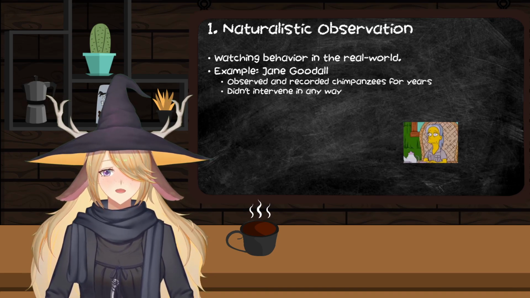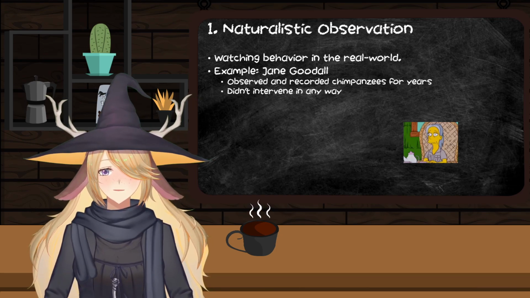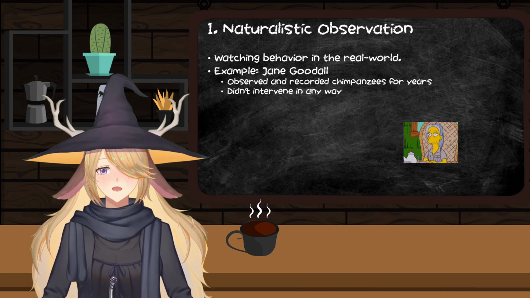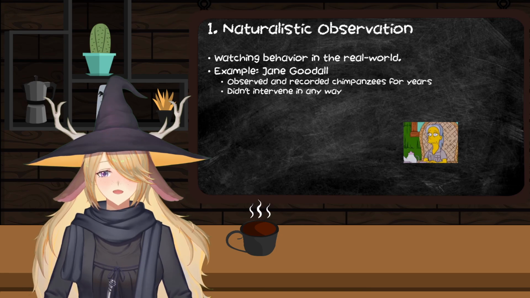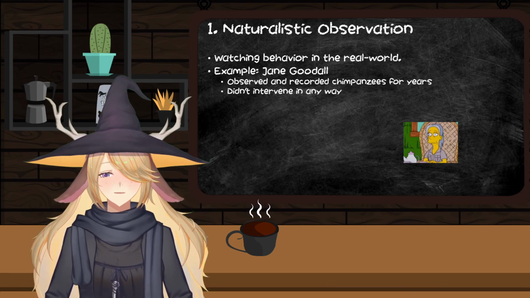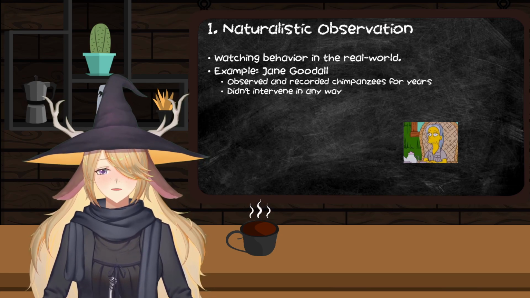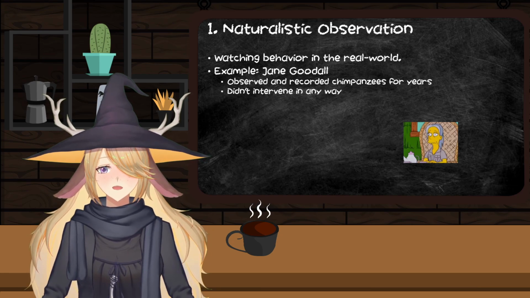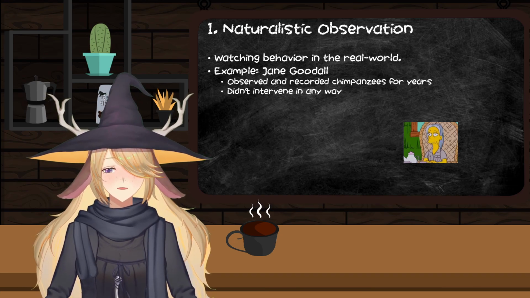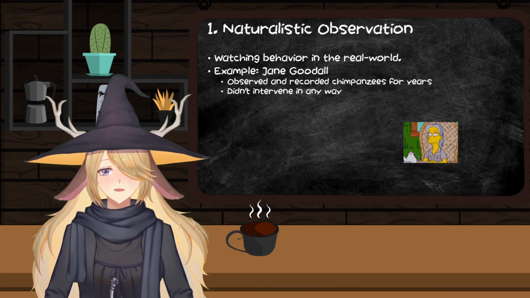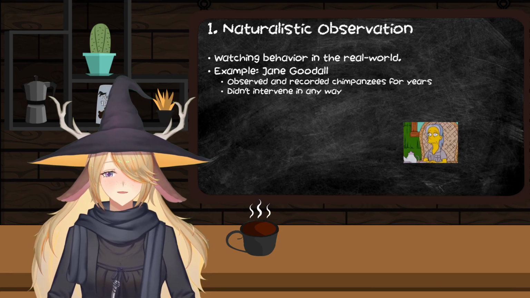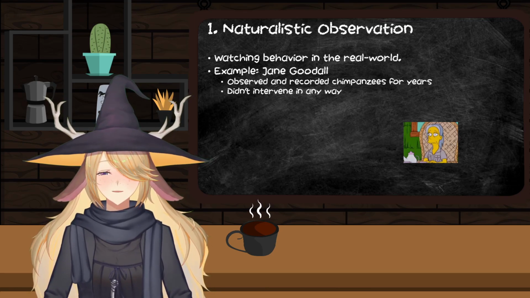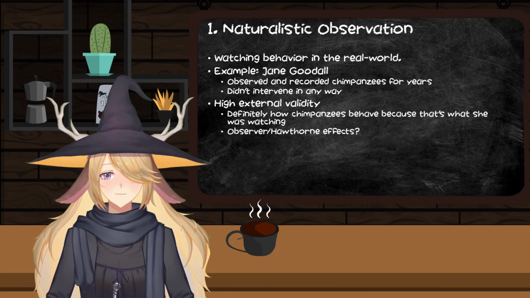One example here, because I love using Simpsons references wherever I can, think about Jane Goodall, famous for her work with chimpanzees. By not intervening with the chimpanzees, but just observing them and taking observations of their social structure and the way that their lives work, Jane Goodall was able to obtain a tremendous amount of data that has become extremely influential in the field of primatology.